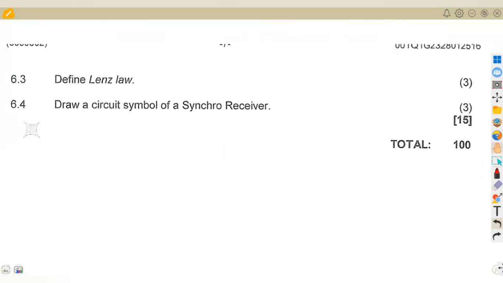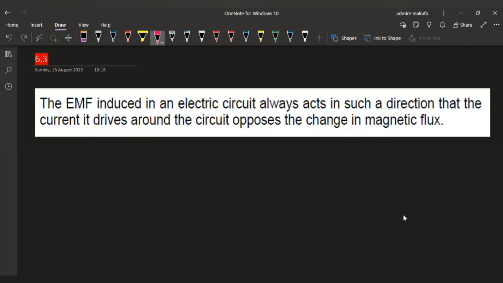The EMF induced in an electric circuit always acts in such a direction that the current it drives around the circuit opposes the change in the magnetic flux. That is Lenz's law in this case.